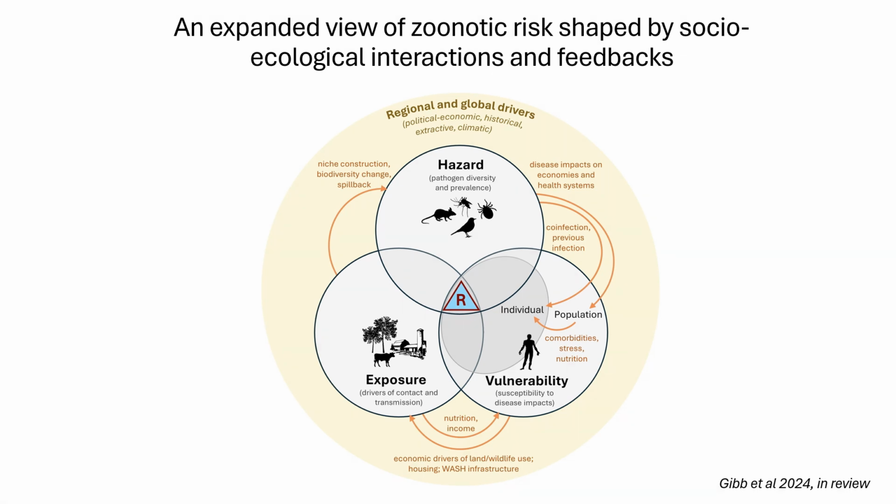But there are many ways that hazards can shape vulnerabilities. A high diversity and prevalence of hazards within the environment might in fact impact individual susceptibility to disease through co-infection or past infection histories.